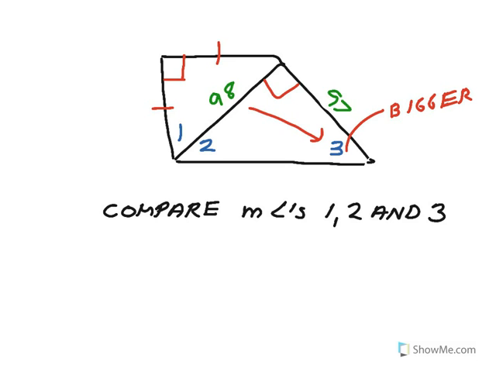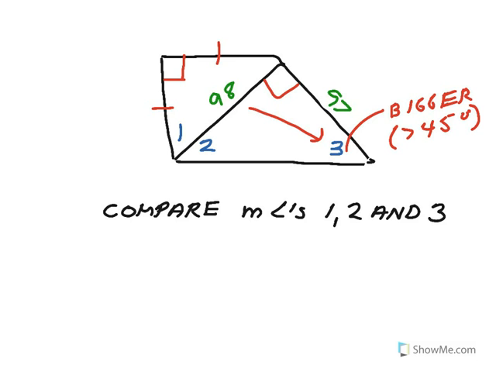And in fact, I know it's greater than 45 degrees, and I'm going to save that for later use, because I know if that was an isosceles triangle and both of those side lengths, the 98 and the 97, were the same length, those two angles would be 45-degree angles. So I know this one's got to be a little bit more than 45 degrees.